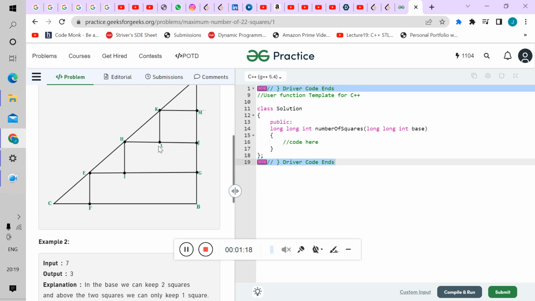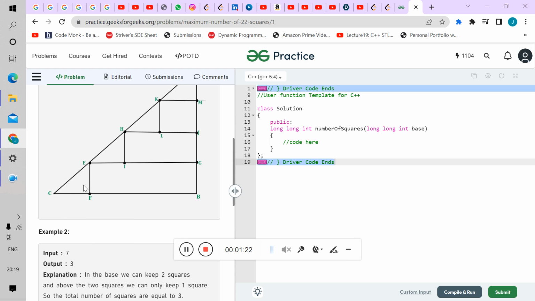So how is the base of length 2? Suppose this is of length 2 from C to F, and if I draw a perpendicular from I to the base, this portion is also of length 2. Suppose I draw a perpendicular from L to the base, then from this portion to this portion is also 2, and from this portion to B is also 2, right?